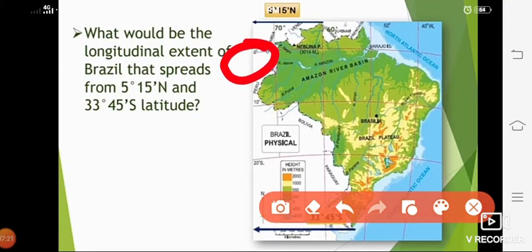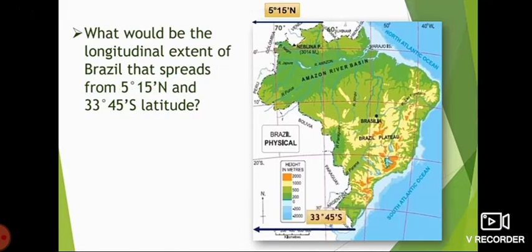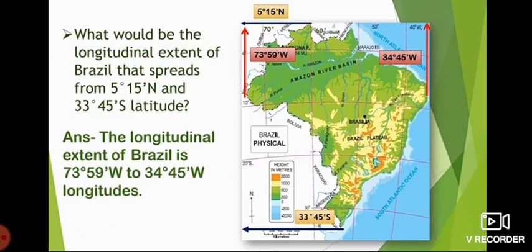So it will be 5 degree they have considered. So they have said 5 degree 15 minutes north up, and till here, that is it is below 30. Yeah, you can see in your textbook it is below 30, that is it is 33 degree 45 minutes south latitude. Now we have to find out its longitudinal, so the red arrows.